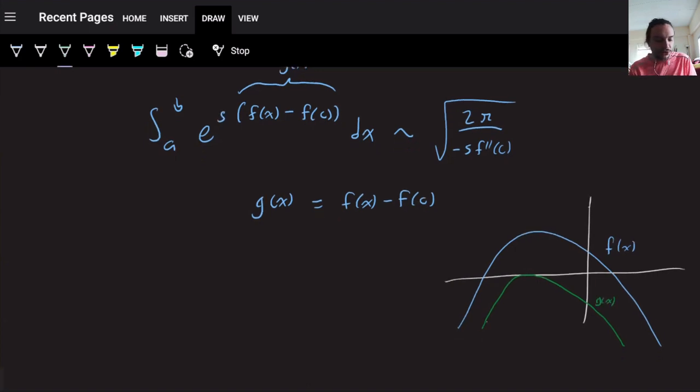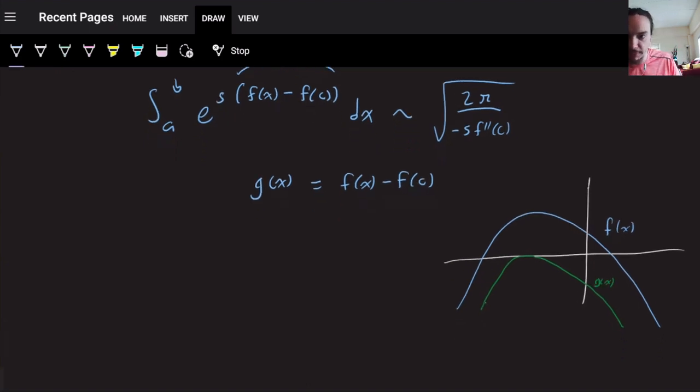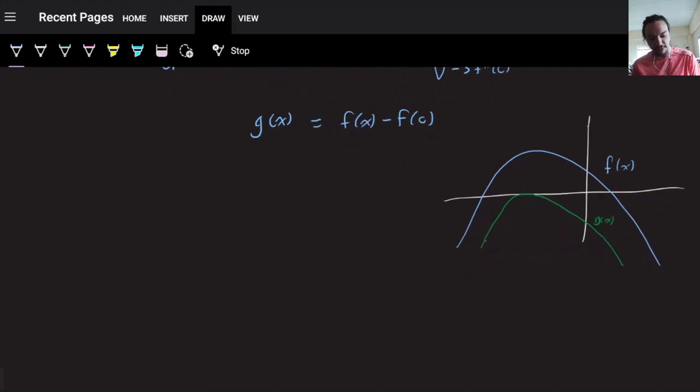Okay, and right now I'm just doing this to help us understand this formula, right? I'm just trying to get rid of the stuff that's kind of irrelevant, do some shifts to understand what the formula says. Okay. And then, of course, g double prime is just equal to f double prime, because f of c is just a constant. So I can replace things in my integral.